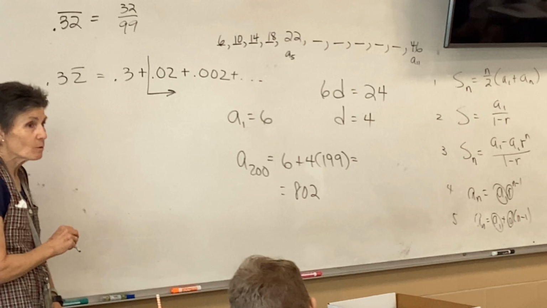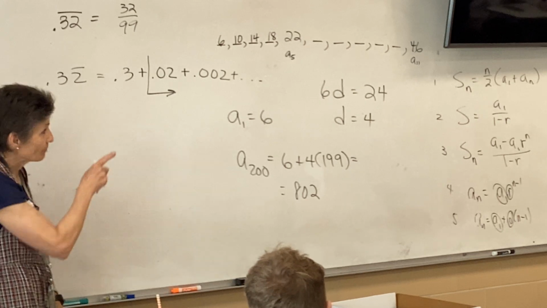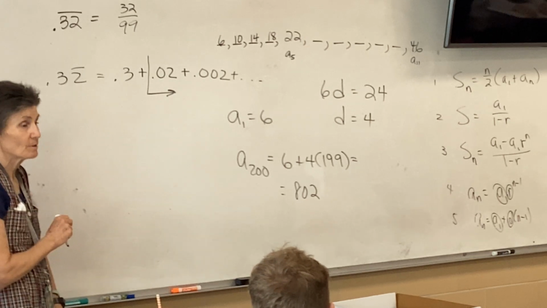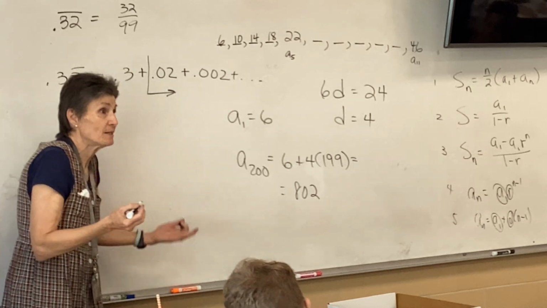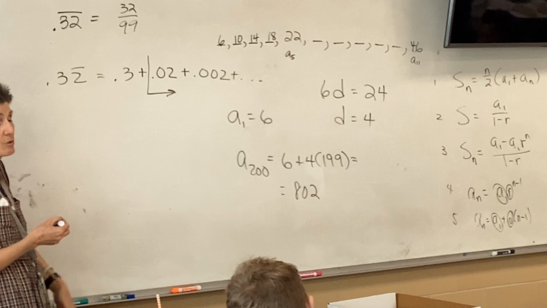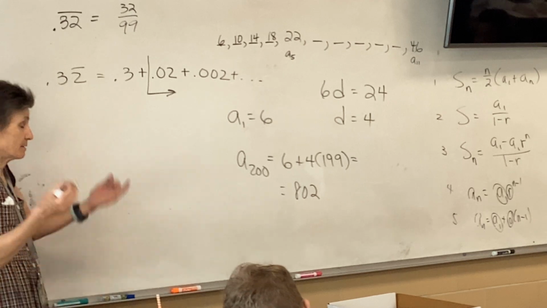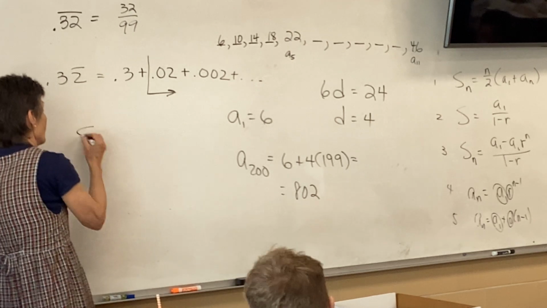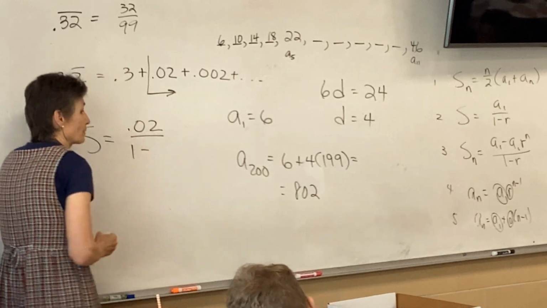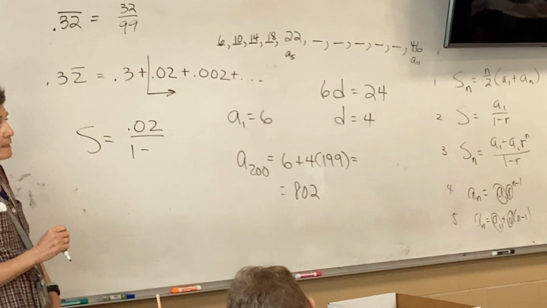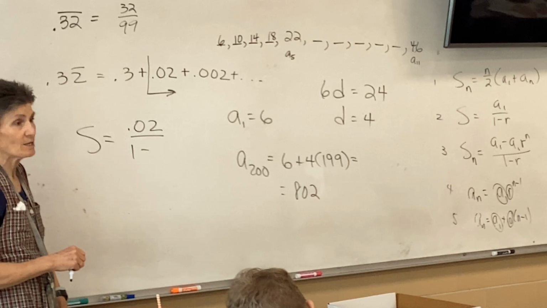Anybody remember what formula I used? 2. I use 2. Why do I use 2? Because it's infinite. Dot, dot, dot goes on forever. There's no end. So, S equals the first term, which is 0.02, over 1 minus the ratio.